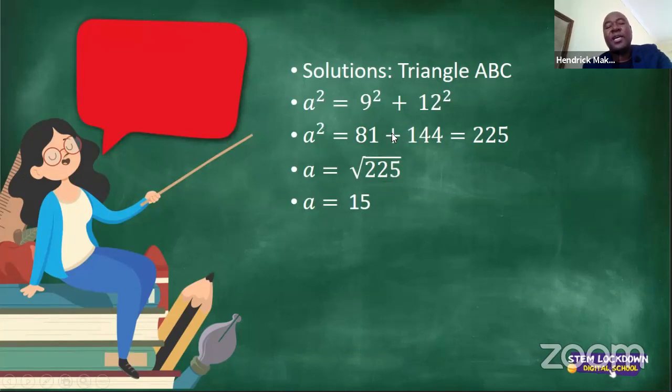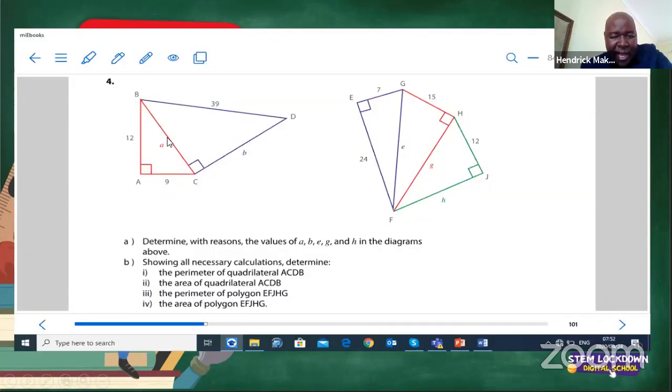And of course, 81 plus 144 gives you 225. If you want the square root, the square root of 225 will give you 15. I hope that it makes sense. So meaning that the value of A here will be 15.